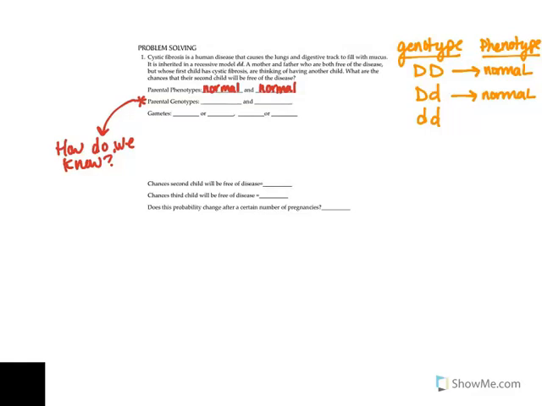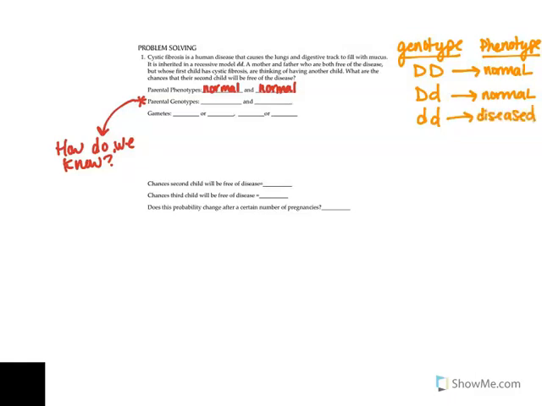But as we saw in the question, a homozygous recessive individual has cystic fibrosis. So you can write cystic fibrosis here. You can also write diseased.